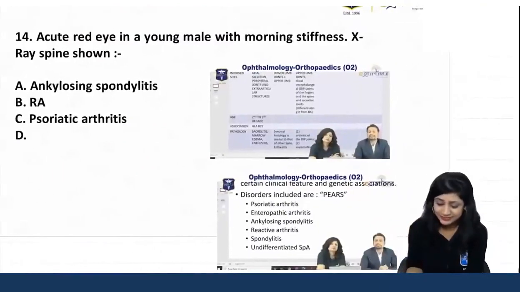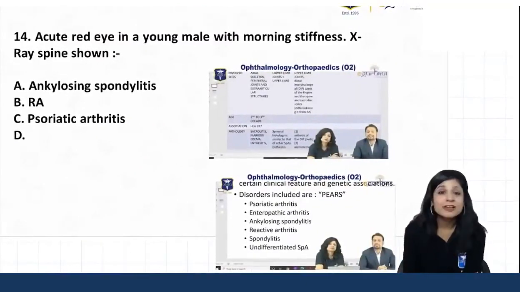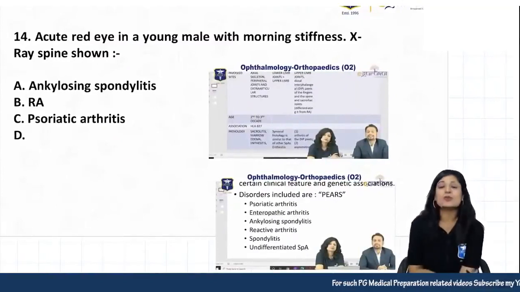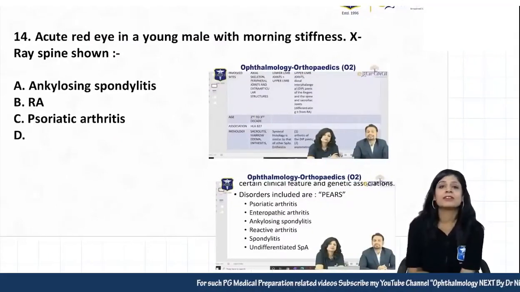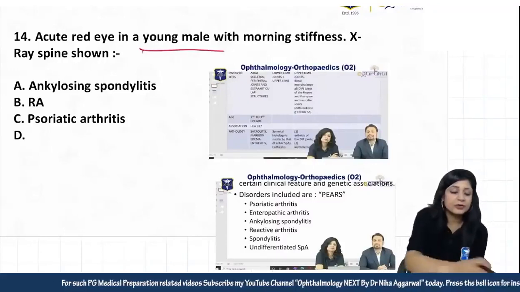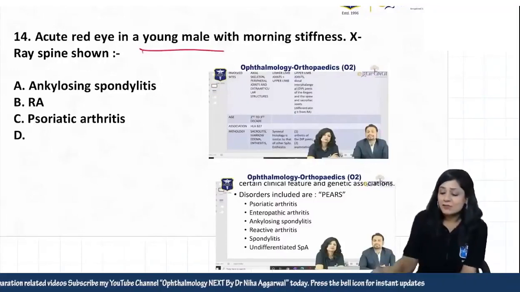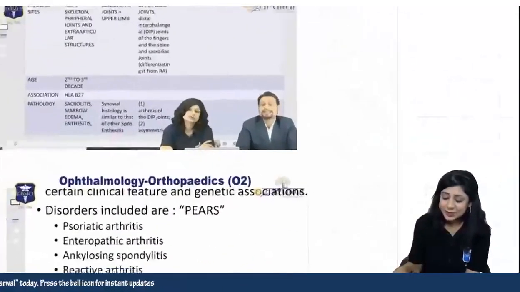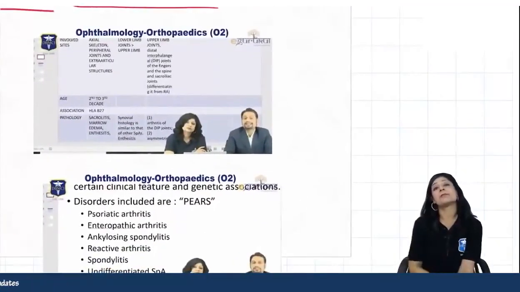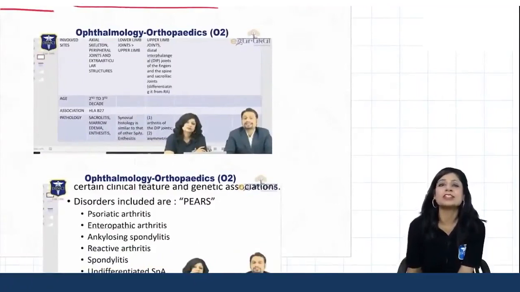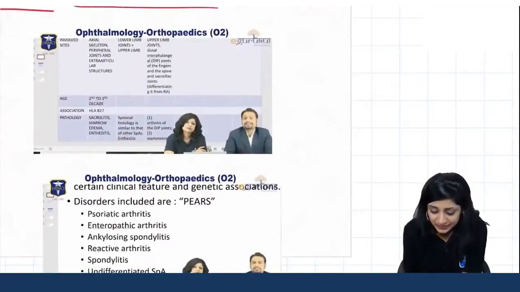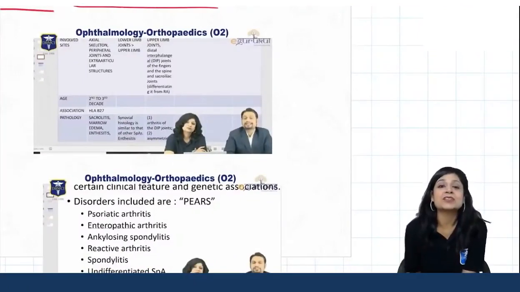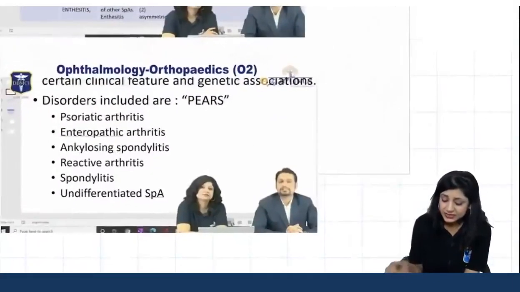And then my first integrated session, if you remember: acute red eye in a young male with morning stiffness, and they give you the X-ray. This is the glimpse of our O2 session, the very first integrated session we did, ophthalmology with orthopedics, in which we discussed acute anterior uveitis with arthritis disorders.